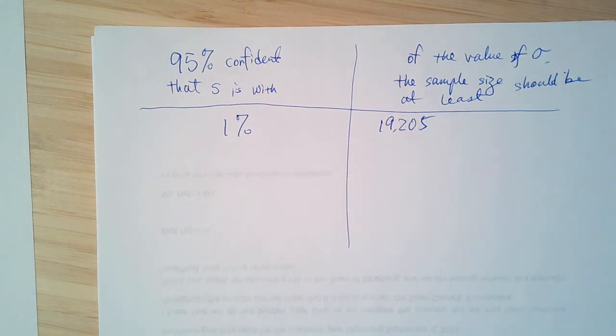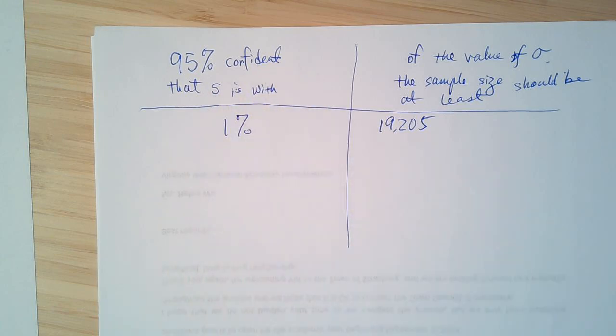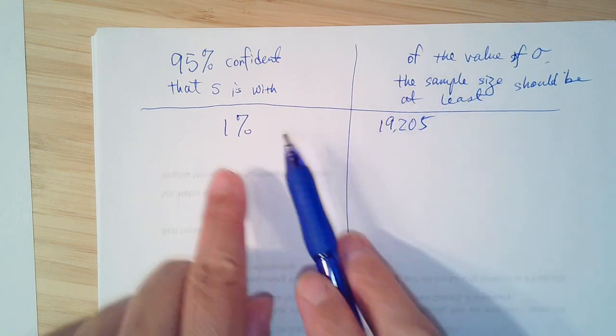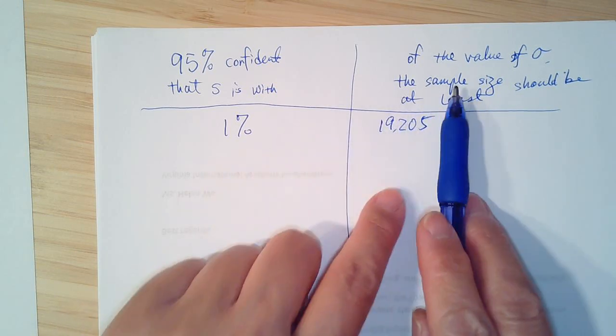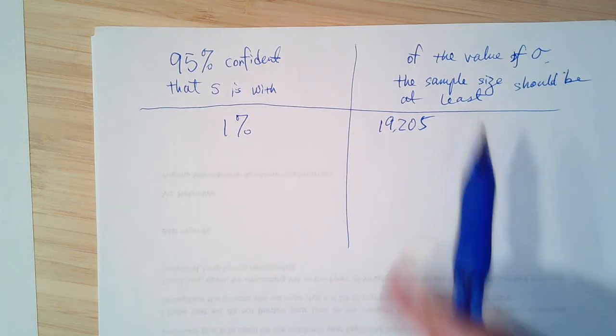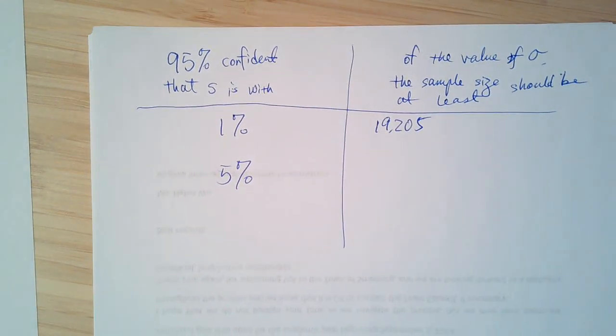So I give you this little table. If you want to be 95% confident that your S is within 1% of the value of sigma, the sample size should be this much. You want to be 95% confident that S is within 5%. We just talk about the relative error.